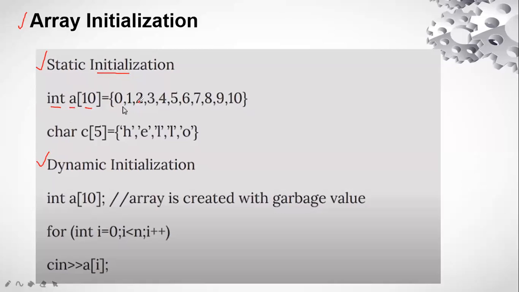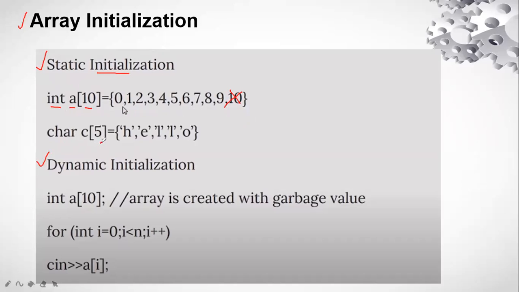We have defined it 0, 1, 2, 3, 4, 5, 6. Sorry, 10 will not be here, because the size is 10, so 0 to 9 it will take. These are the values being stored. So it is a way where we are hard coding, already defining the values in the array.